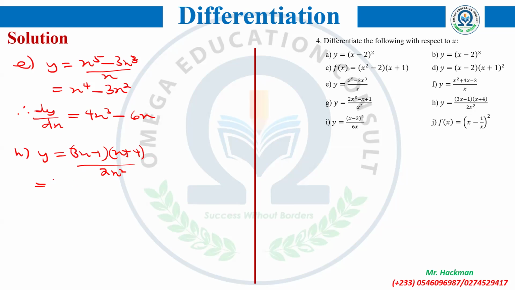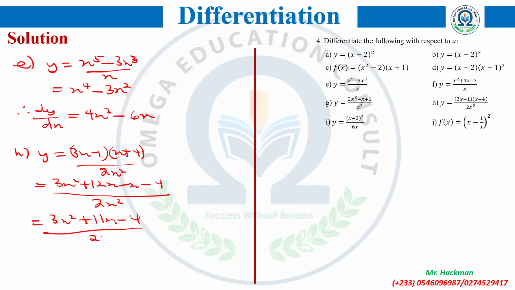If I expand, I will get 3x squared plus 12x minus x, then minus 4, all over your 2x squared. So we get only one term in x squared, and this can be combined: plus 11x, then minus 4, all over your 2x squared.